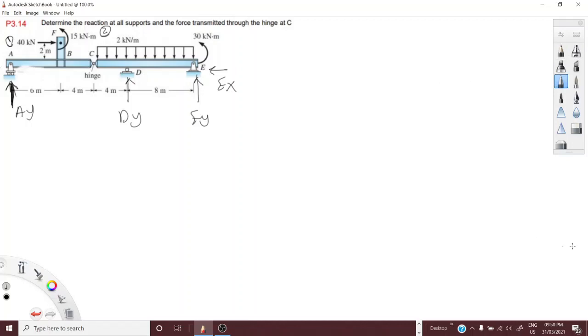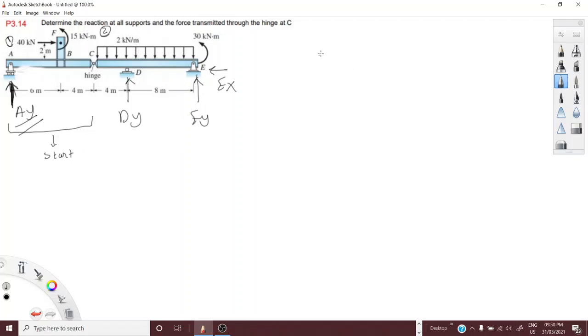We only have AY. So what is the least number of unknowns? Here we have one, two, three, and here we have one. So we'll start with this part, then we'll start with the second part.